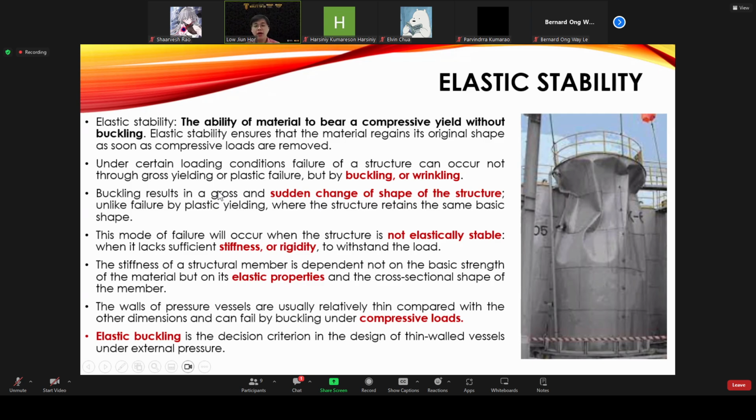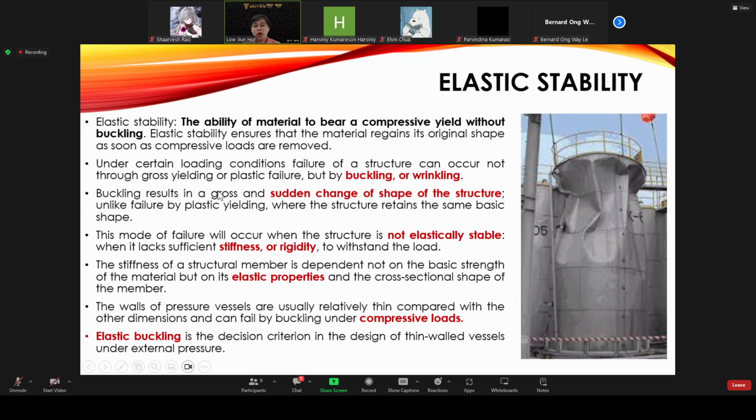So not only is the thickness important; when we design the shell of our pressure vessel to withstand the external pressure, the elasticity is also one of the important properties we need to consider, to ensure the pressure vessel we are going to fabricate is strong enough to withstand the external pressure.